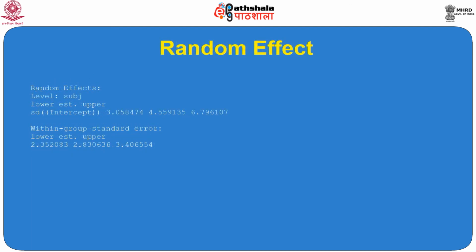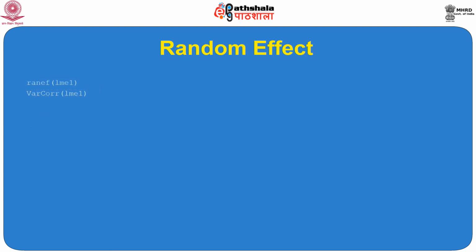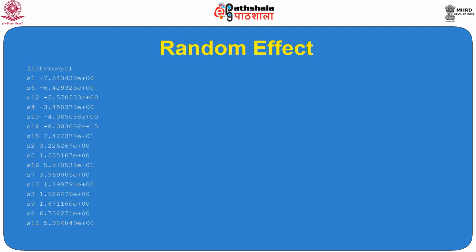Now we will go for random effect. The slide should be on random effect modeling. So when we are calling the random effect, we are getting this random effect, that is subjects, with lower and upper interval of 3.05 to 6.79, and within group standard error is coming 2.35. Now the variance covariance matrix can be obtained for this random effect as var-cor matrix. Here the intercept value is obtained, and after that the random effect for the first 11 individuals is given.